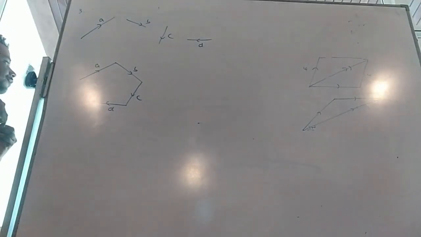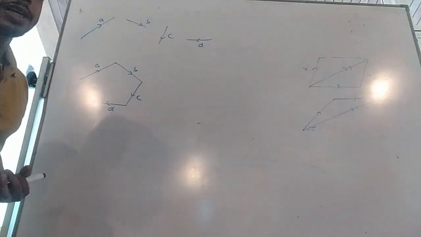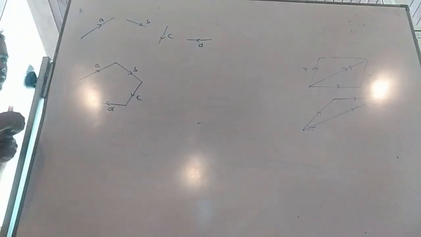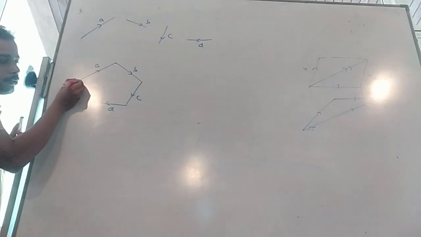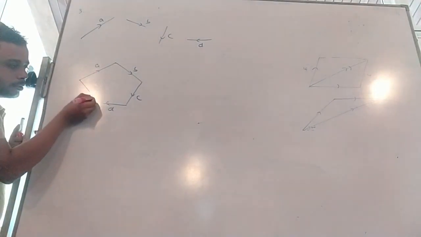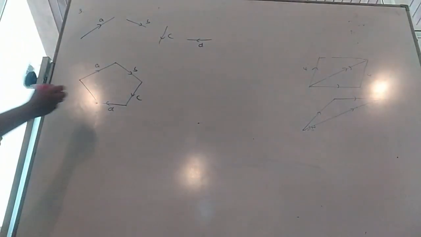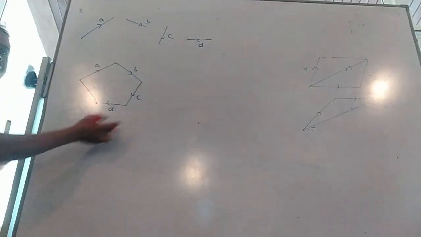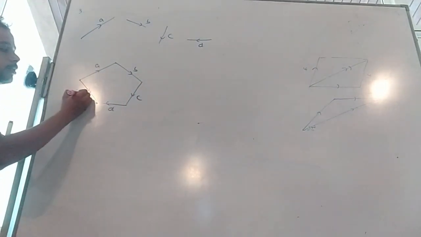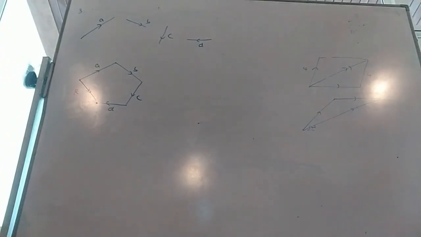Once you finish drawing all of those, you have a figure like this. If you join the starting point with the end point, you get the resultant vector. This is the resultant of all the vectors. Understood?